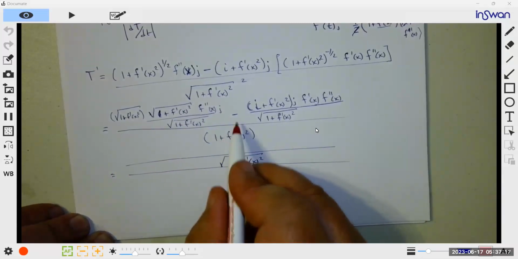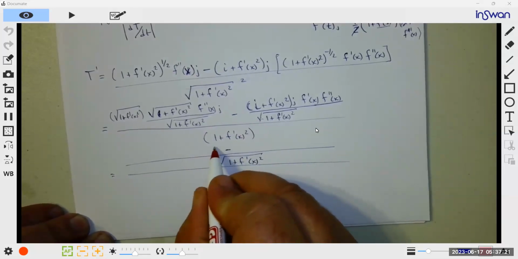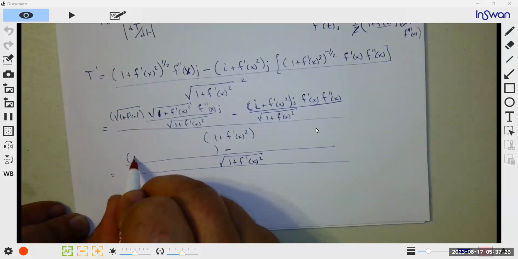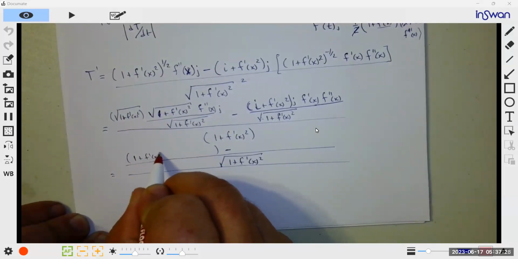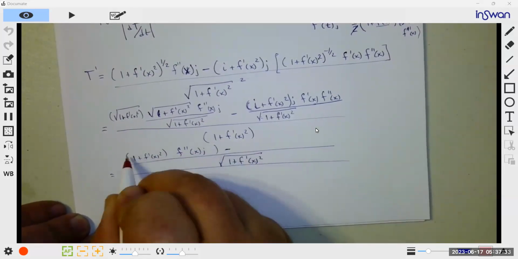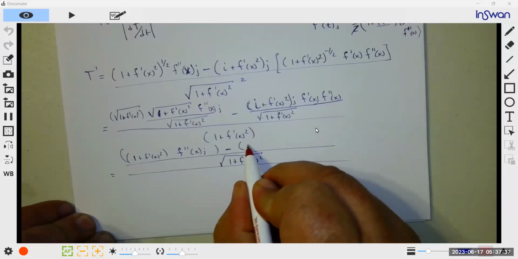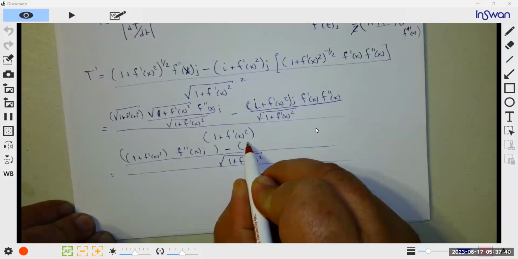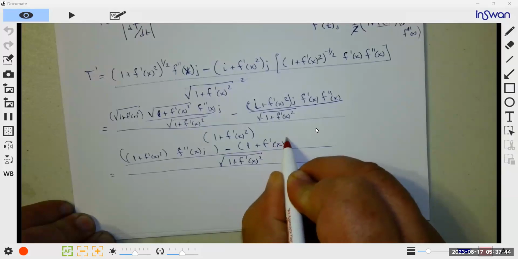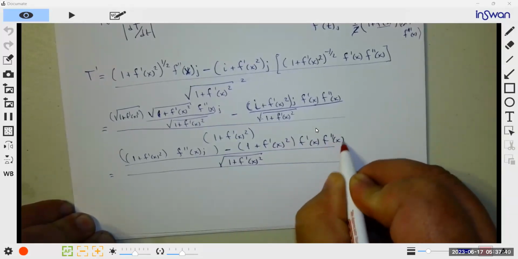We have a common denominator here. So on this side, it makes it 1 plus f prime of x squared times f double prime of x j. And on this side, I have plus f prime of x squared f prime of x f double prime of x.